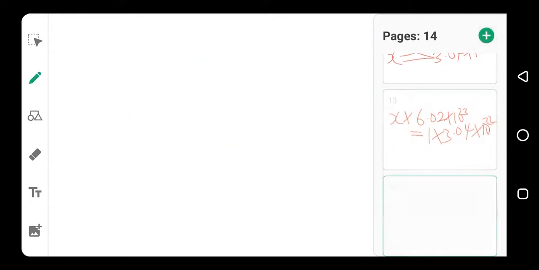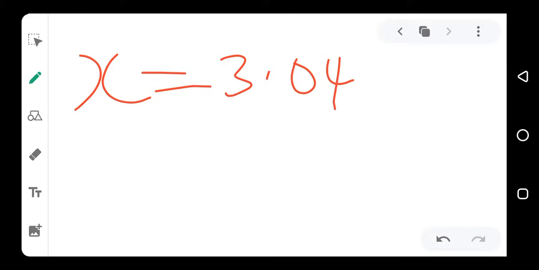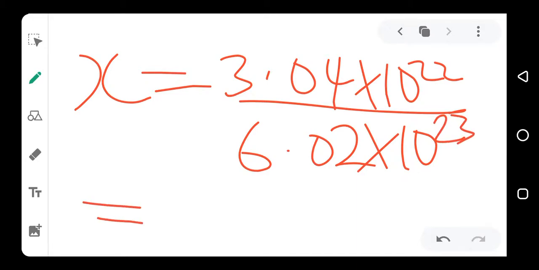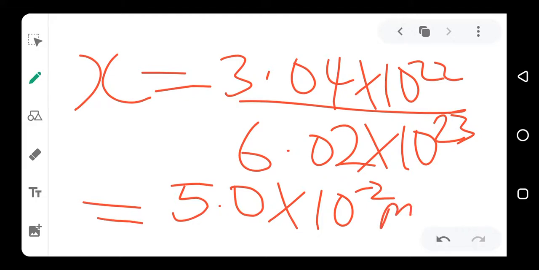If we do our cross multiplication, we have that x is equal to 3.04 times 10 raised to power 22 over 6.02 times 10 raised to power 23, and so we have that our x is equal to 5.0 times 10 raised to power minus 2 moles.